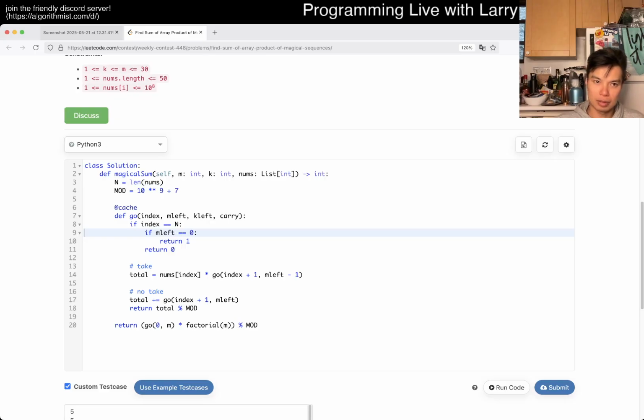That's 30, 30. I'm trying to think whether I can do another 50 loop on here. Alright, so 50 times 30 times 30 times carry. Carry should be at most 50, right? Maybe. Okay.